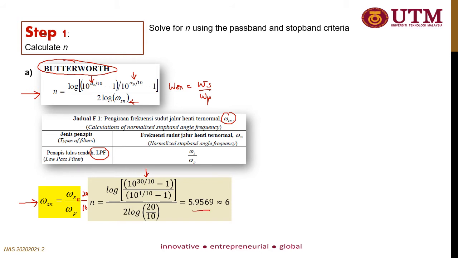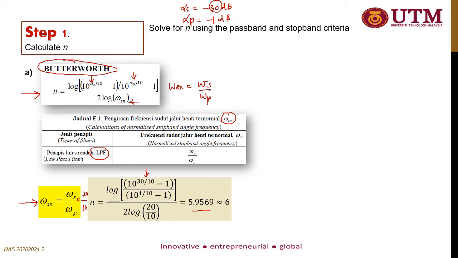So alpha s from the statement is equal to -30 dB, and alpha p is equal to -1 dB. In the equation, you just need to key in 30, and alpha p equal to 1.